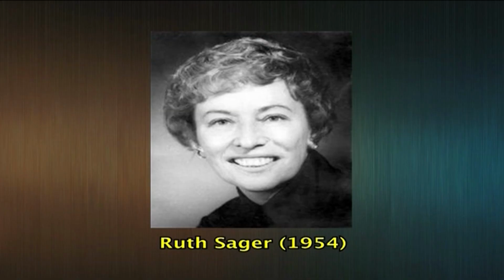The first known cytoplasmic mutation, streptomycin resistance in Chlamydomonas, was reported in 1954 by Ruth Sager. Although Chlamydomonas' two mating types, that is, MT positive and MT negative, appear to make equal cytoplasmic contributions to the zygote, Sager determined that the streptomycin resistant phenotype is transmitted only through the MT positive parent.